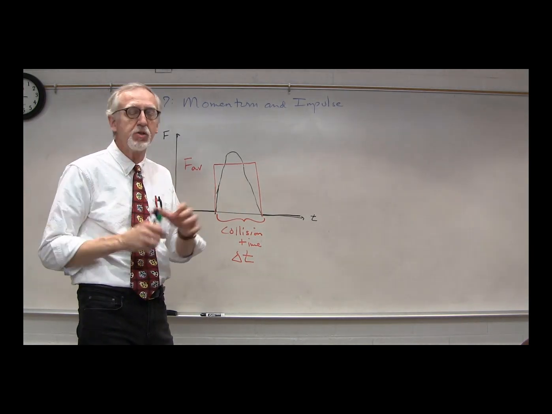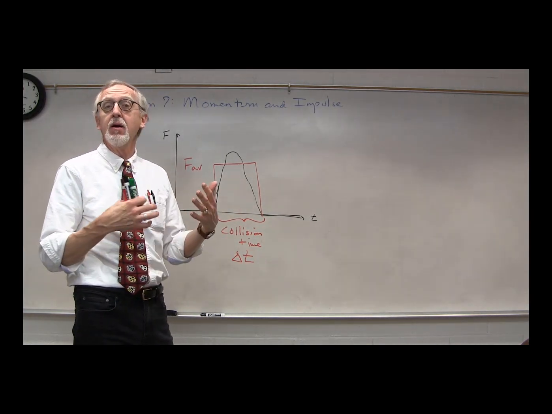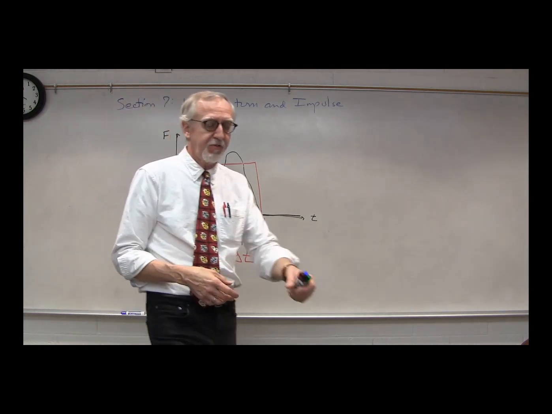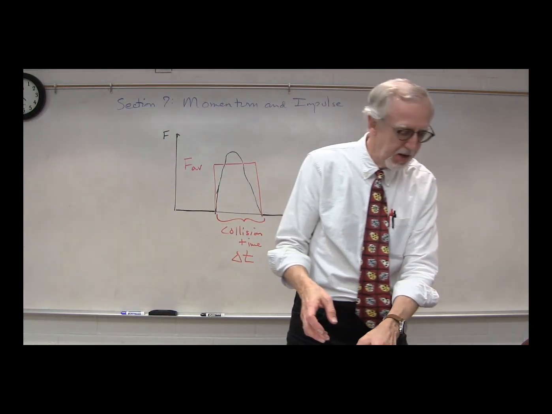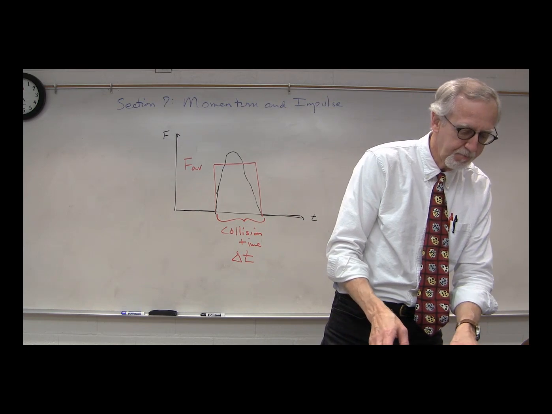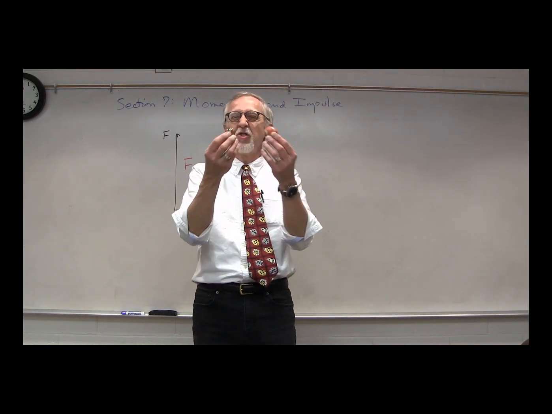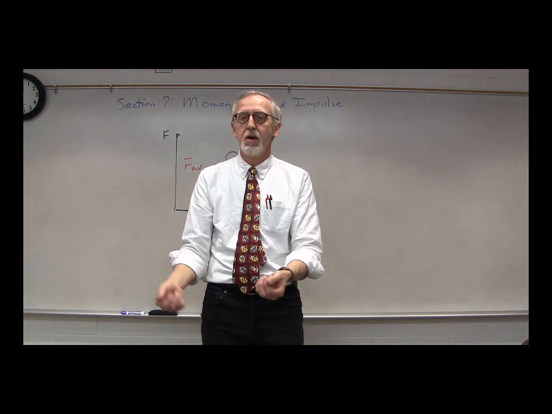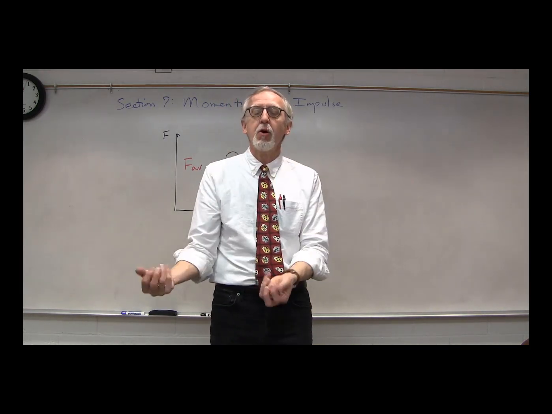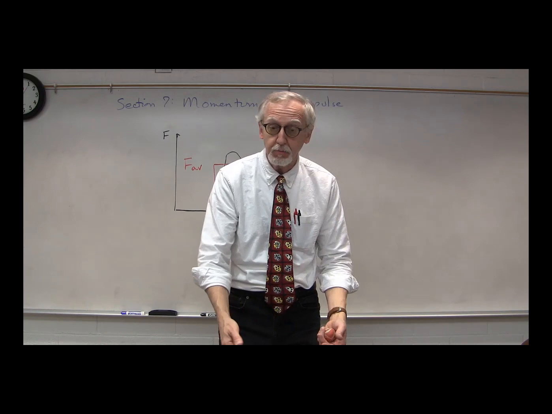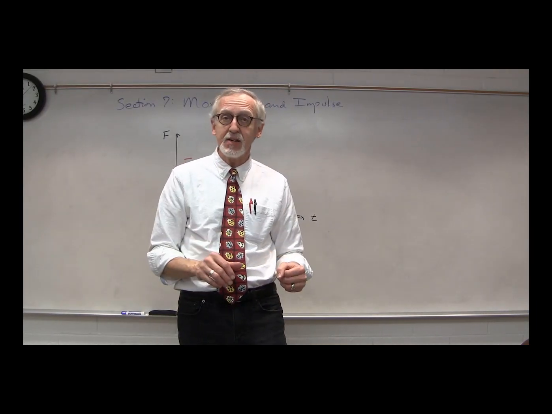We can have all sorts of different kinds of collisions where delta t varies. For example, in this little collision that I just showed you, how much time do these things actually exert forces on each other? Well, a fraction of a second. They're only touching each other for a very, very tiny time.